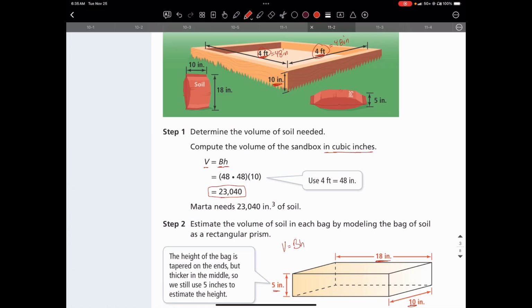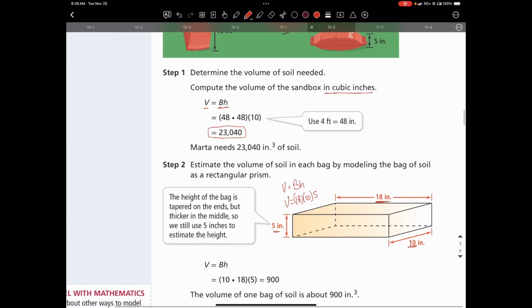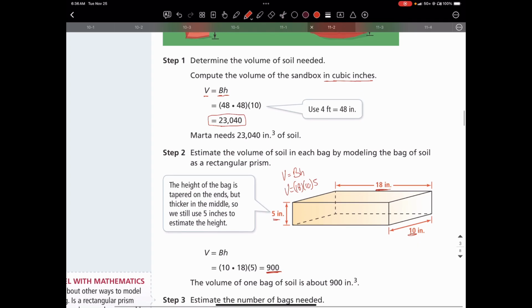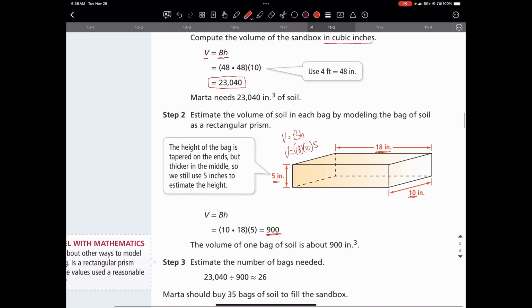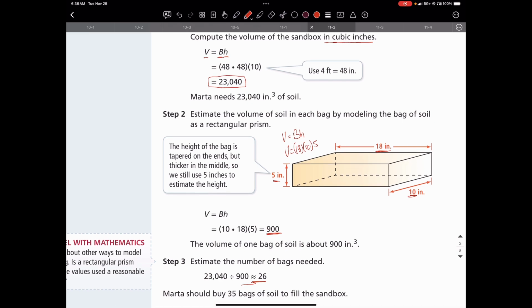Your height is 5, so this would be volume equals 18 times 10 times 5, right? And then you end up with a total of 900. So each bag carries about 900 cubic inches of soil. So then you have to divide that 23,000 by 900 and you end up with 26.